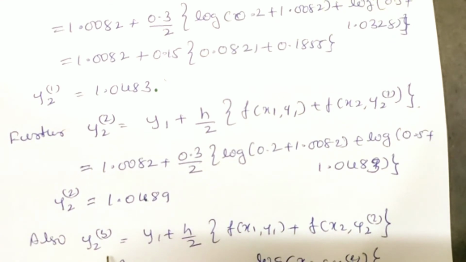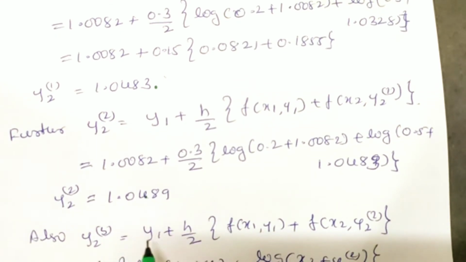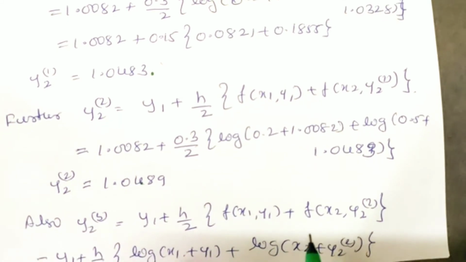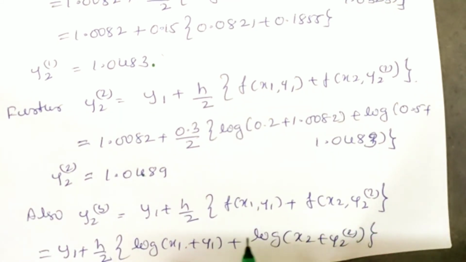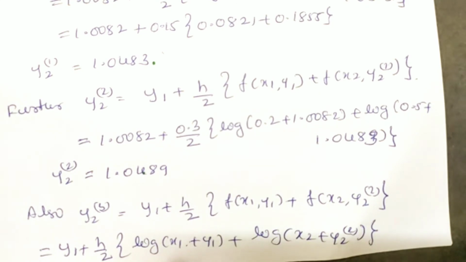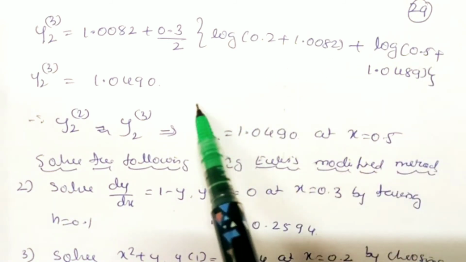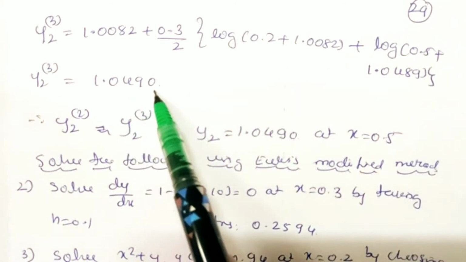So the third improved value of y2 is y1 plus h by 2 into f of x1 y1 plus f of x2 and the second improved value of y2. So substitute the formula and simplify. After simplification, you will get the third improved value as 1.0490.